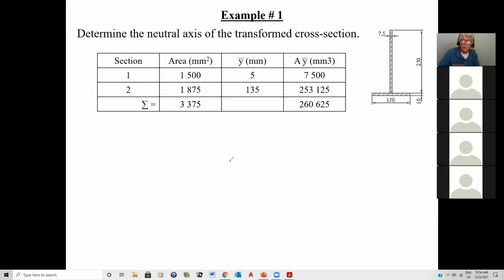Any suggestions? Why did I put 5 here? That is the neutral y-axis of section 1. That is the distance from the centroid of section 1 to where?